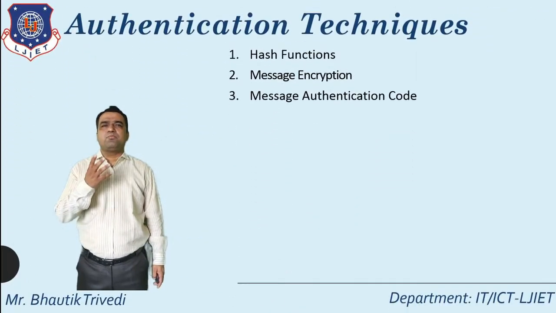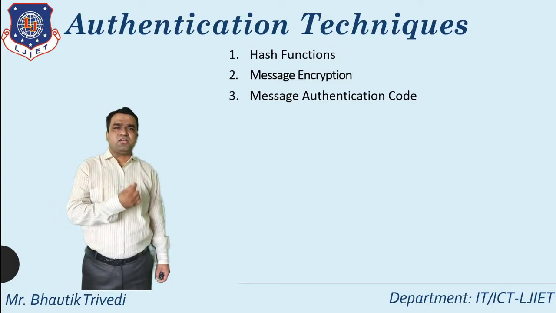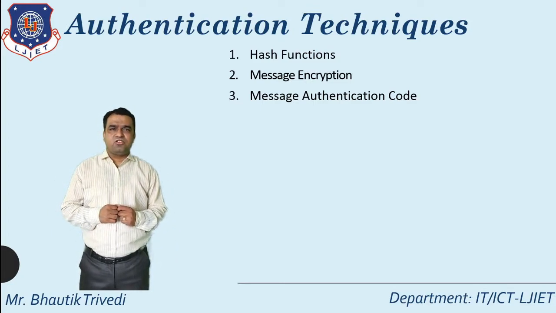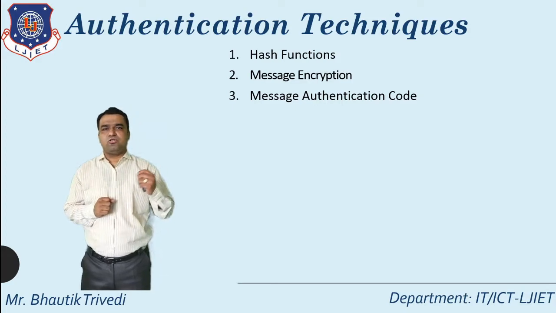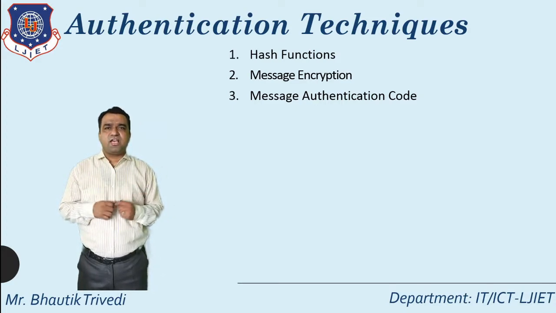After that, some of the important parameters related to the message authentication code. Which particular authentication technique are you applying for the message authentication? Mainly 3. First one, you already know the concept of the hash function. Why do we use the hash function?